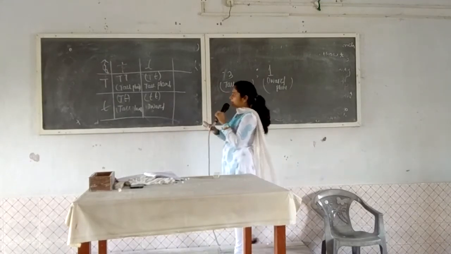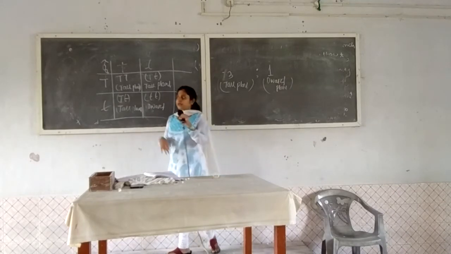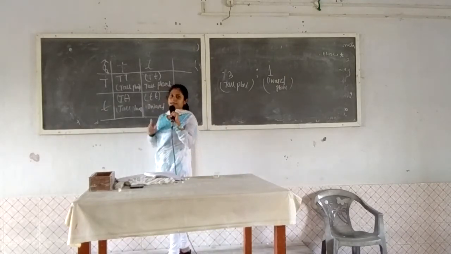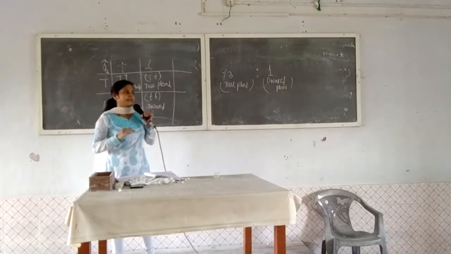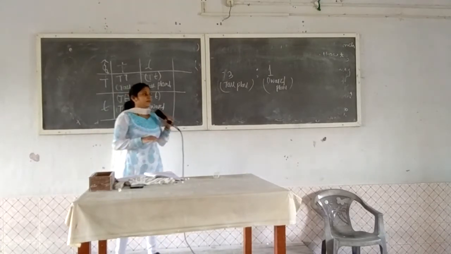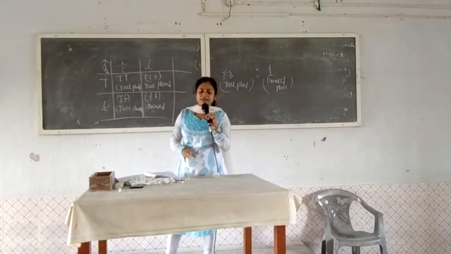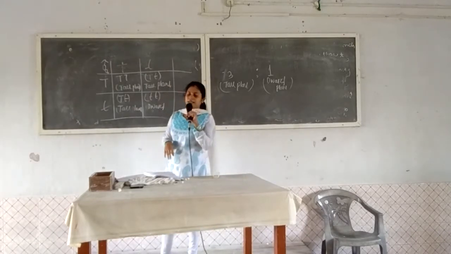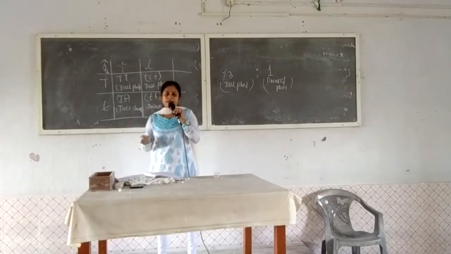Phenotypically, 3 are tall plants because, as I have already told you, if one dominant character gene is present, then the plant phenotypically expresses the dominant character.